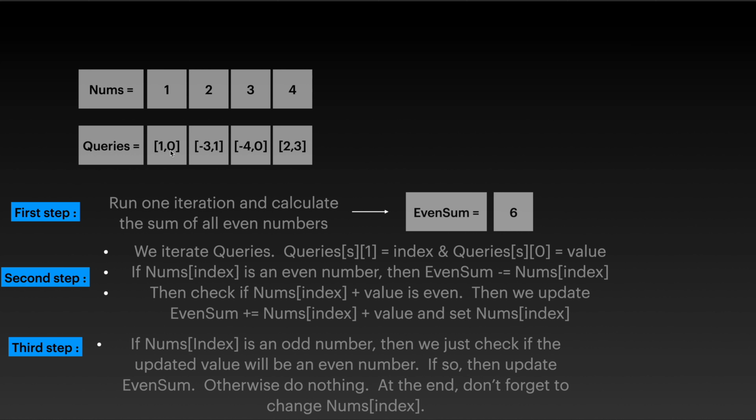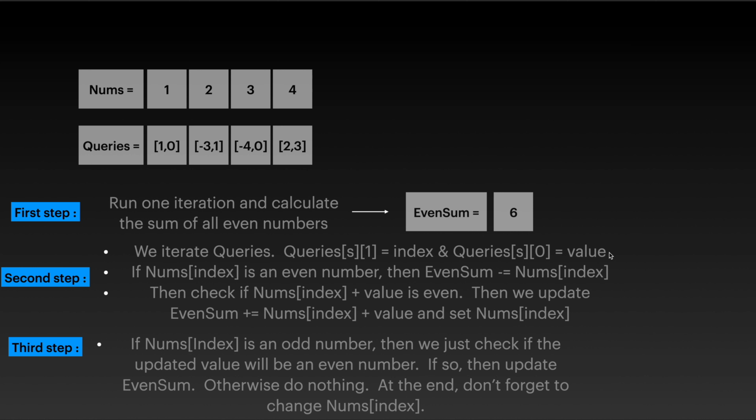That means we have to look at the second number in our nums array, this one, and then we have to update that by 0. So it will be 2 plus 0, so it is still 2.